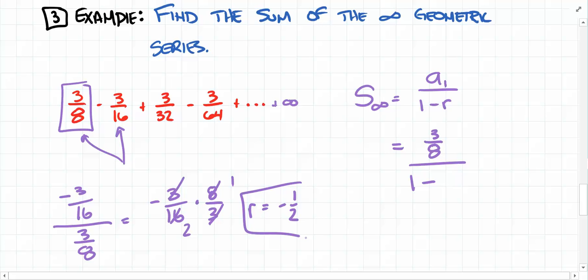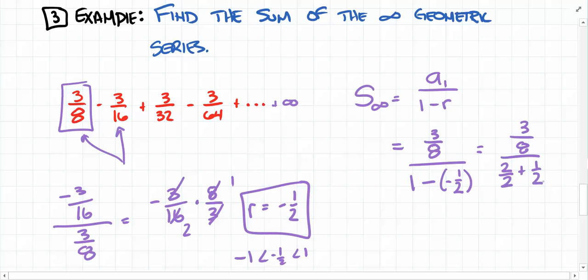Now, since this ratio is between -1 and 1, we can go ahead and apply the formula. So this is going to be 3/8 over 1 minus -1/2. So I'm going to go ahead and keep doing the algebra. This gives me 3/8 all divided by, I'm going to write the number 1 as 2 over 2, and then a minus times a minus becomes a plus 1 over 2.